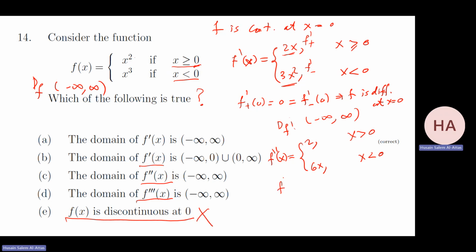Because f double prime plus at 0 is equal to 2. But f double prime minus at 0 is equal to what? 0. So f double prime at 0 does not exist.